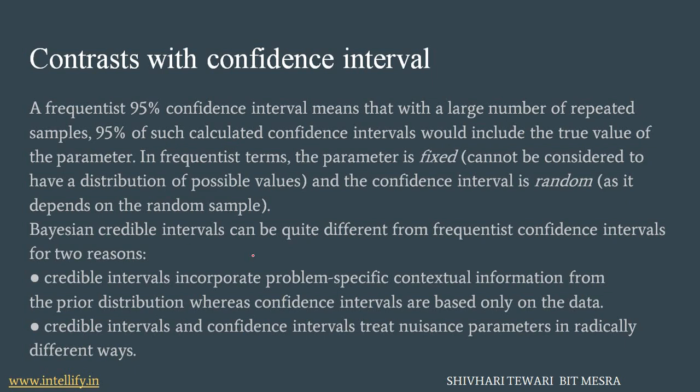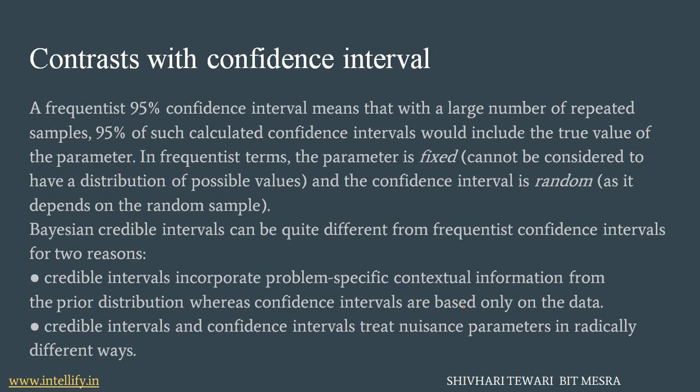The Bayesian credible intervals can be quite different from frequentist confidence intervals for two reasons. The credible intervals incorporate problem-specific contextual information from the prior distribution, whereas confidence intervals are based only on the data.